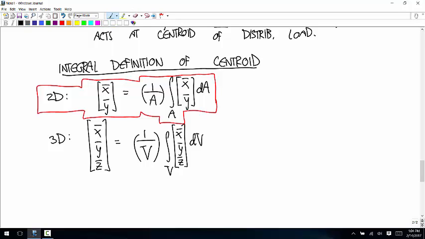Like I mentioned, we're going to be using formulas, like we'll have a formula for a triangular shape, what's its centroid based on its dimensions, for a parabolic shape. And so I want to do one example for a right triangle just to show where these formulas come from.